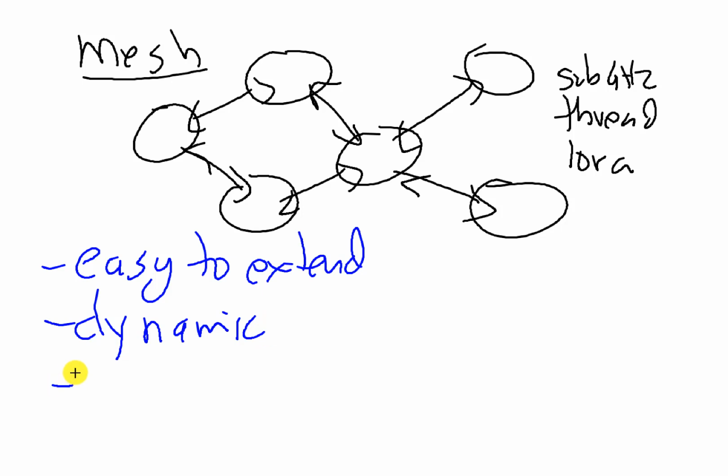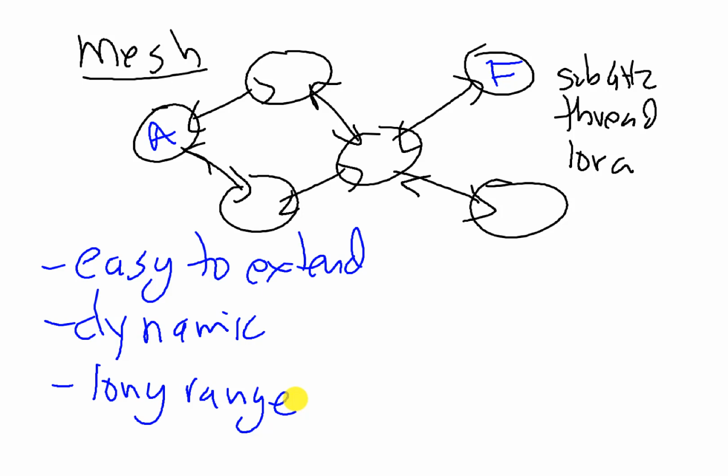So it has a fairly long distance. This node here, A, and that node there, F, may not be within communication range, but as long as they both exist in the same network, that's an advantage. So that's a mesh network.